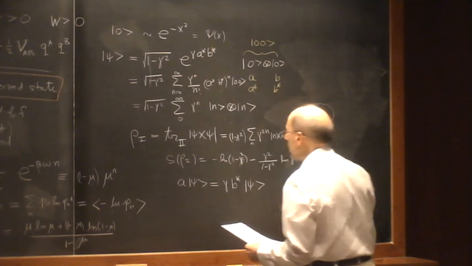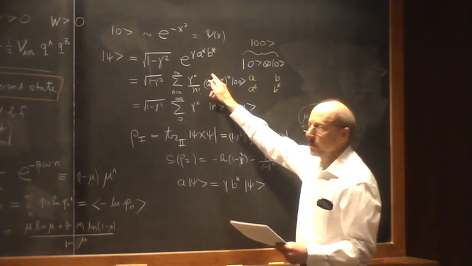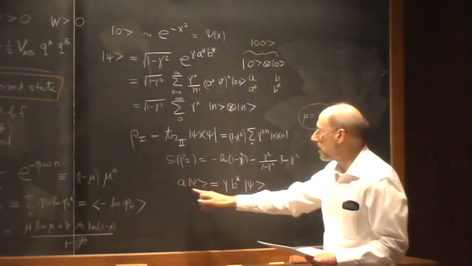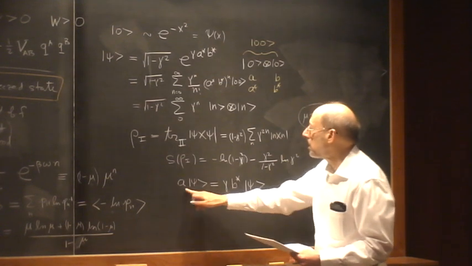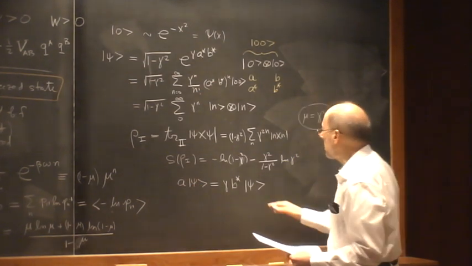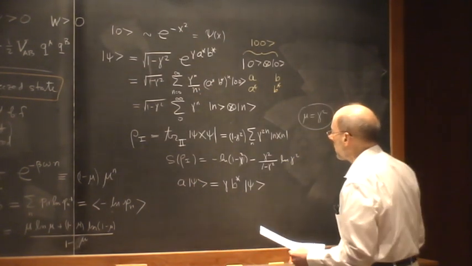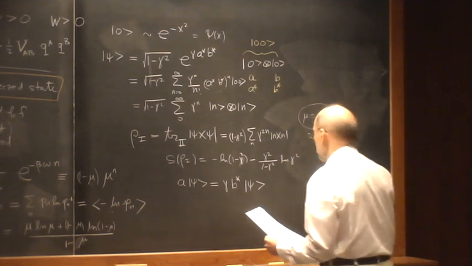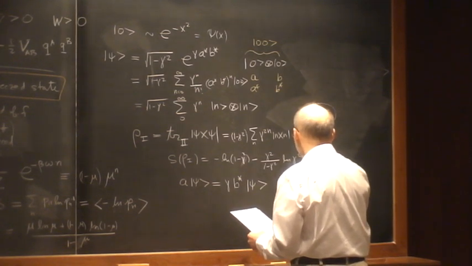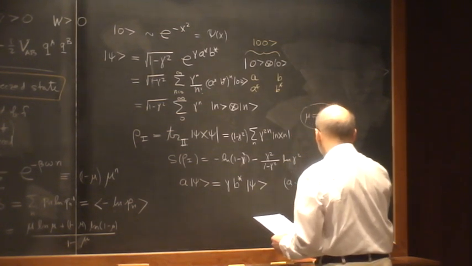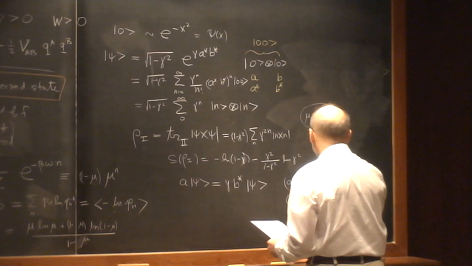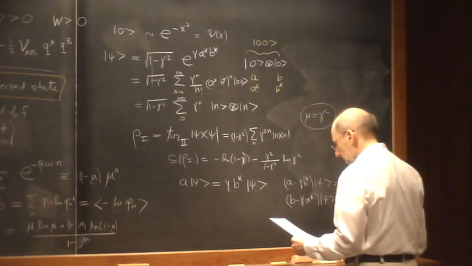That is, notice that if we apply A to this squeezed state, no one contradicted me, so I'll call it squeezed state, the annihilation operator of the first oscillator, then it's the same thing as applying gamma times B star to the second oscillator. Another way of saying that is A minus gamma B star applied to this state equals 0, and B minus gamma A star, by symmetry, applied to this state also equals 0.